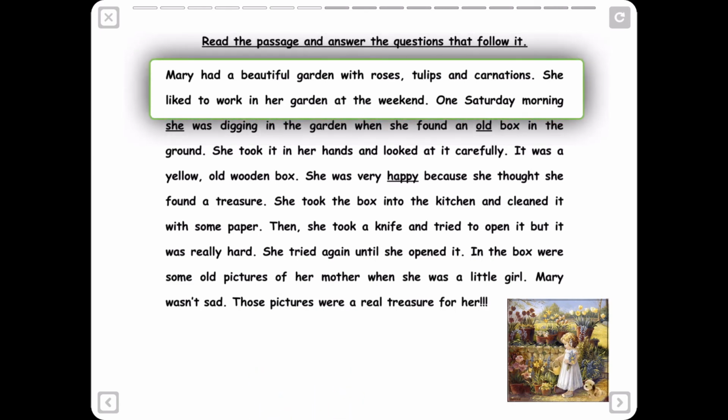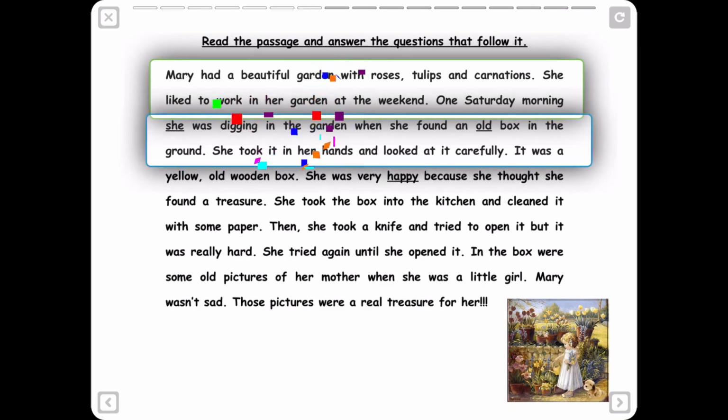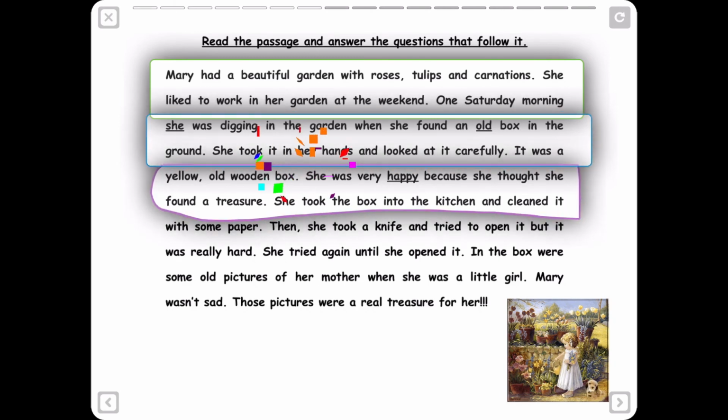One Saturday morning, she was digging in the garden when she found an old box in the garden. She took it in her hands and looked at it carefully. It was a yellow, old wooden box. She was very happy because she thought she found a treasure.